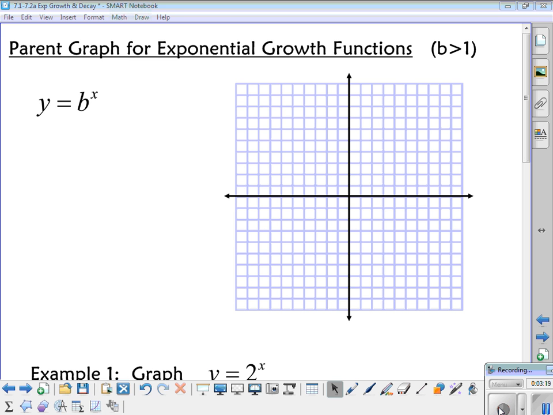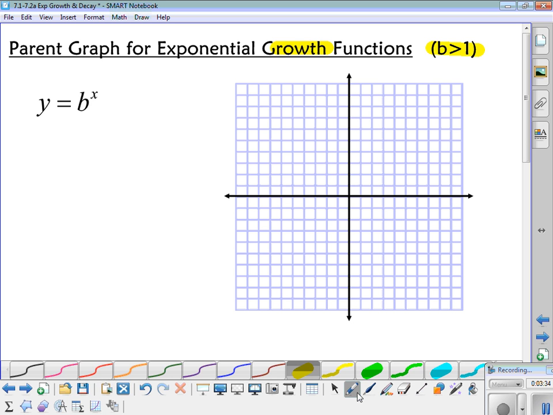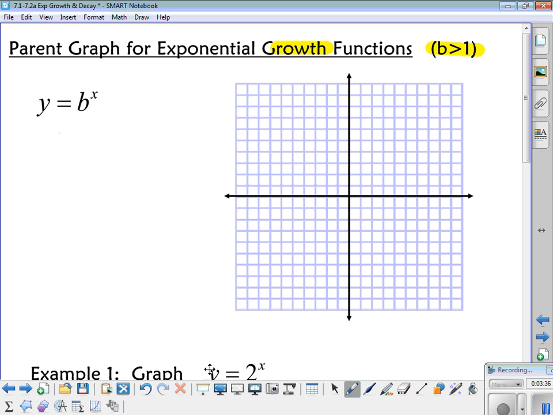So let's look at the parent graph for an exponential growth function first. It's growth. That means that my base has to be greater than 1. So right now, the parent graph, we don't have an a out in front of it. We just got b to the x power. And so if I were to graph it, if I put in a 0 for x, that means y is equal to b to the 0 power.